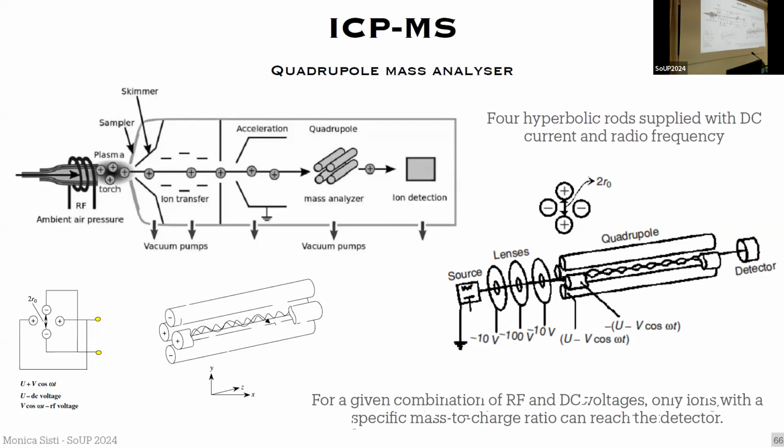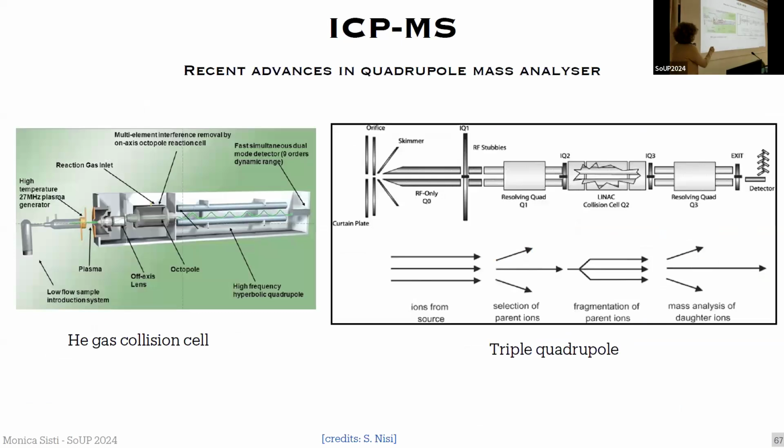When they touch the rods, they get out of the stream and they don't reach the detector. So by adjusting the electromagnetic field, you separate the ions of a specific mass-to-charge ratio. It's a filter of mass-to-charge ratios. These can suffer from many interferences.